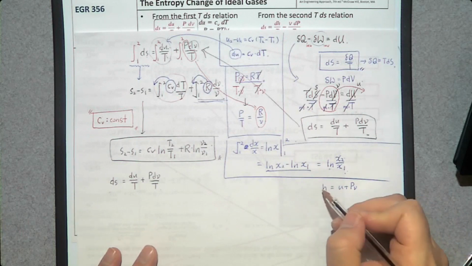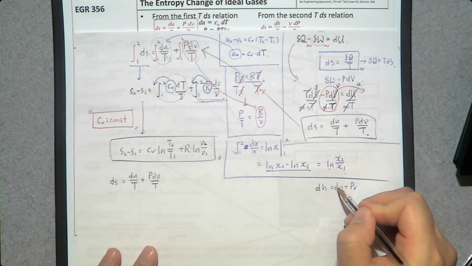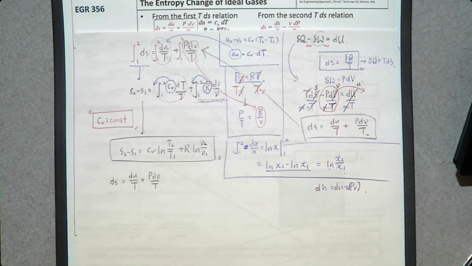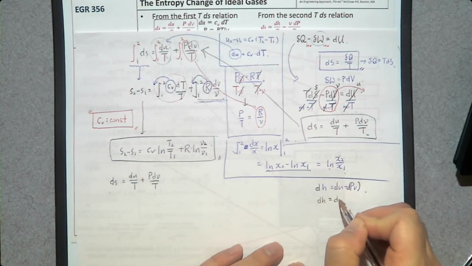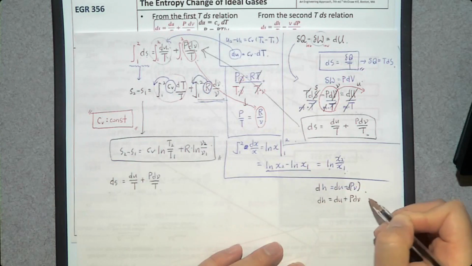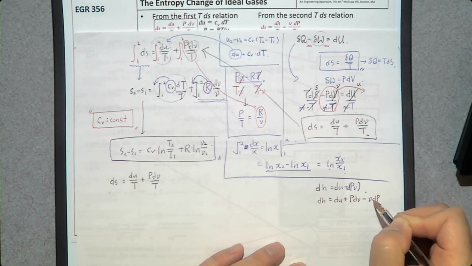You can add a d in front. dH is du plus d of P times V. Then what is d of P times V? dH is going to be du plus PdV plus VdP.